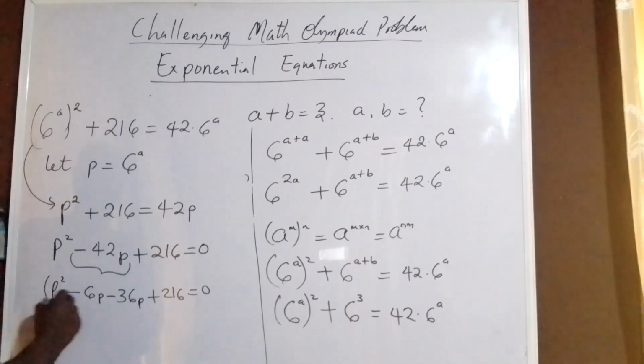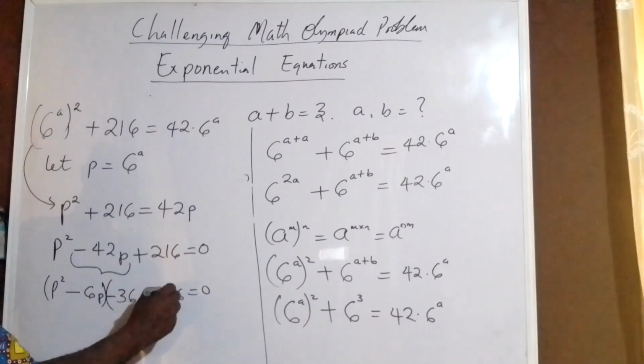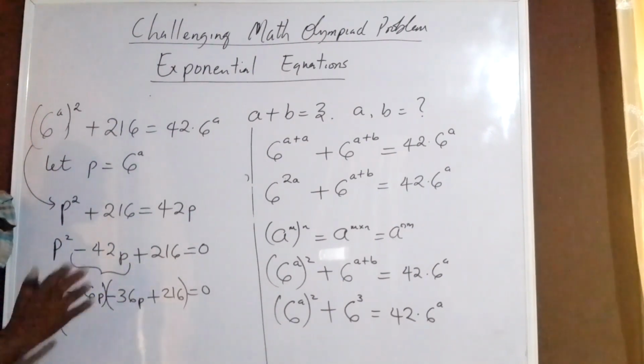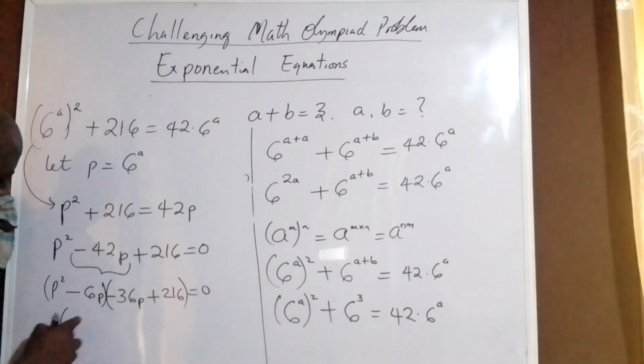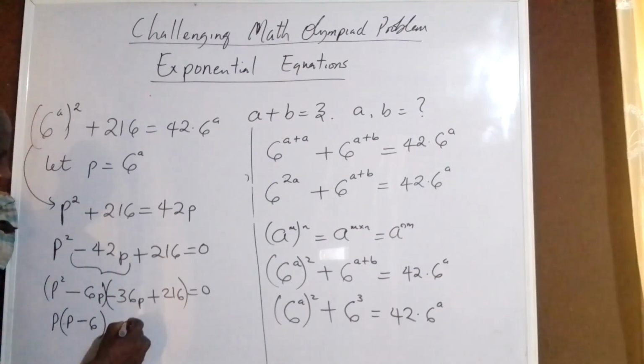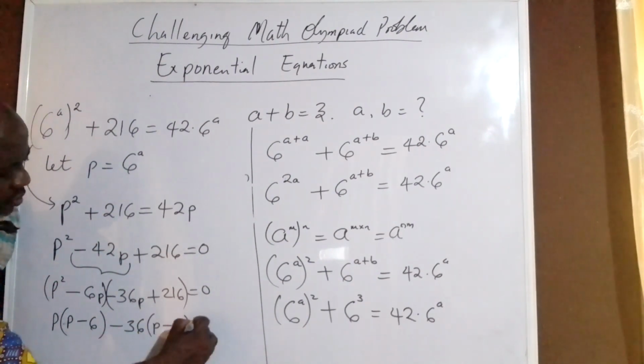So I can group and then factorize. Once I group and factorize, P is common, so P bracket P minus 6. Then of course we have minus 36 bracket P minus 6 equal to 0.